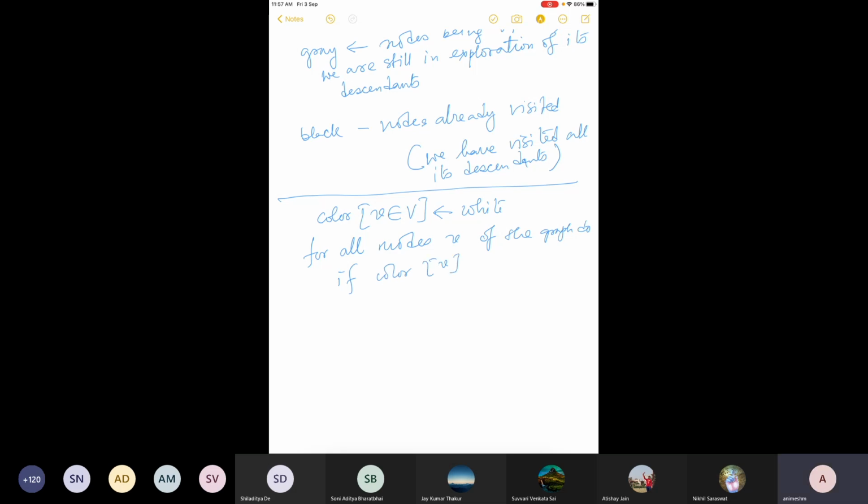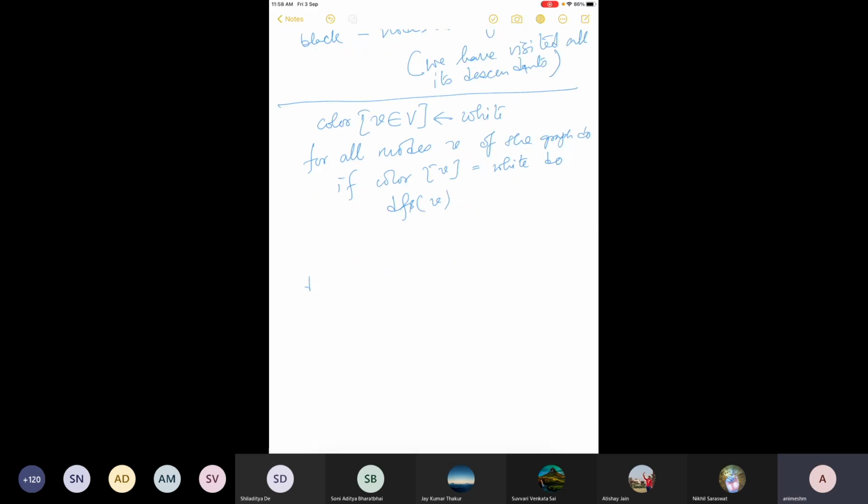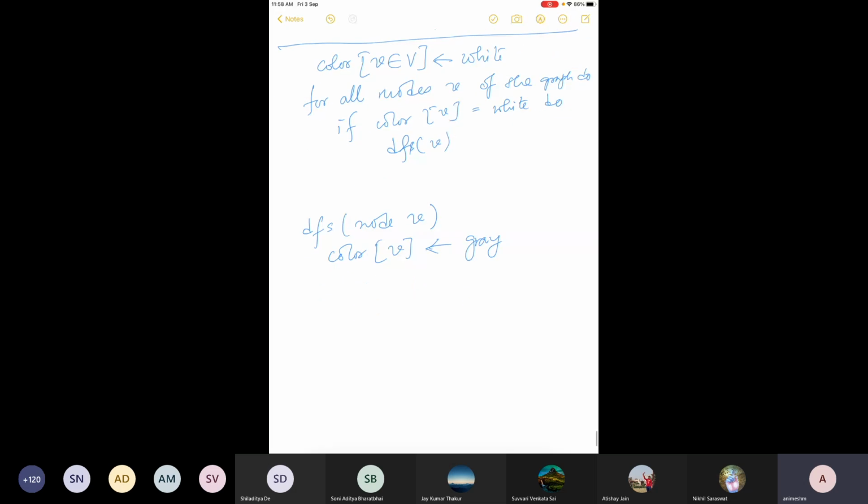If color of V is equal to white, then do DFS(V). Set the color of V to gray.